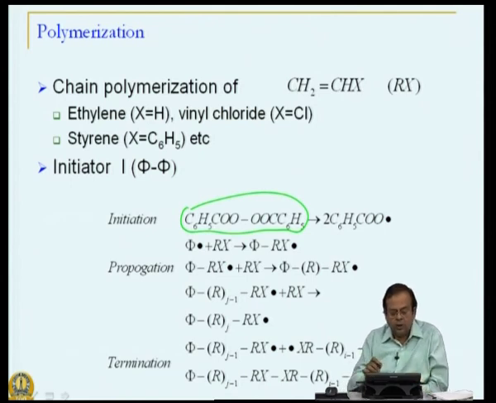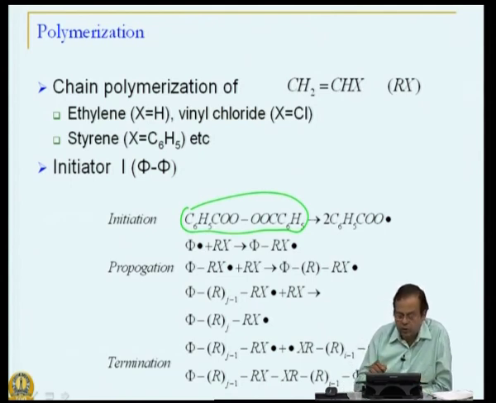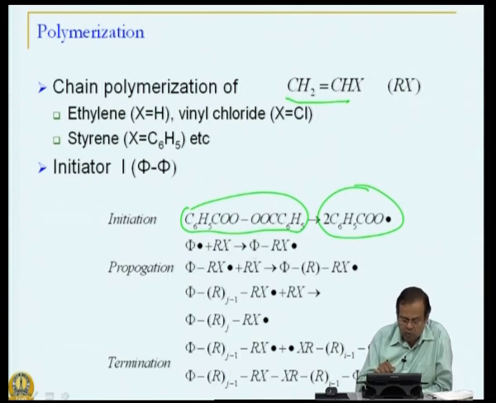So, the first step is that benzoyl peroxide gives rise to benzoyl radicals, okay, and this benzoyl radical binds with Rx. I am going to call this CH2 double bond CH as R and X as the appropriate side group, that is H or chlorine or C6H5 and so on. So, we have phi joining with Rx giving rise to another radical, phi Rx dot.